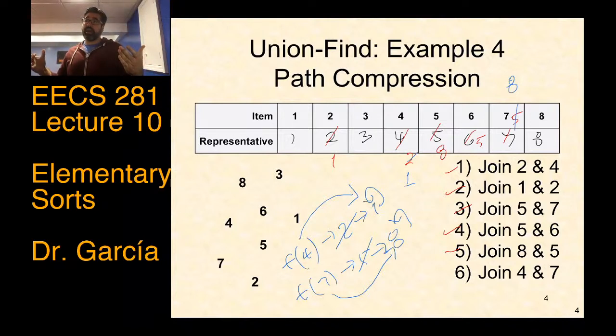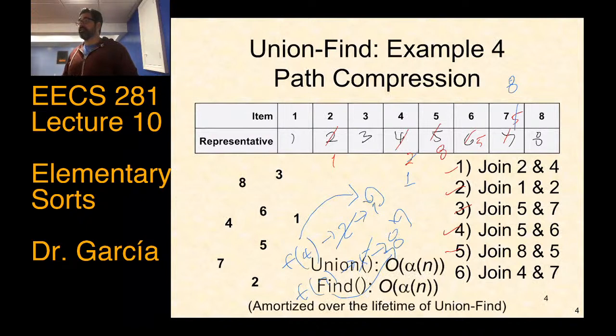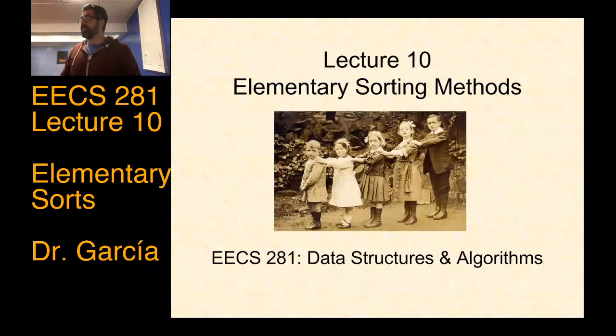So amortized time gives you a constant for the find operation, even though it's incurring the burden of the update. Okay, and in fact, both operations, the union and the find, follow the inverse Ackermann function on n, which is again effectively constant time. All right, cool. So hopefully, after all that trouble, we've cleared that up.